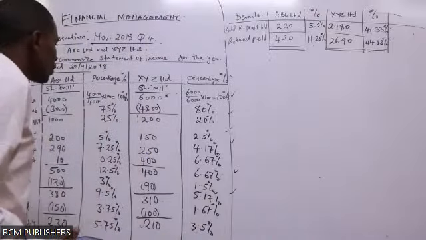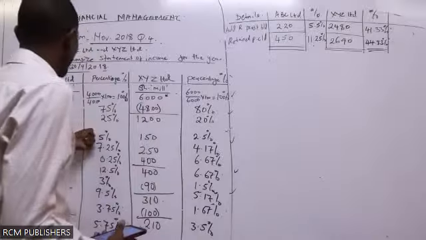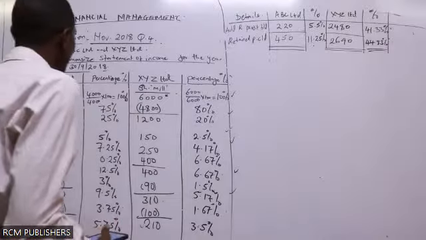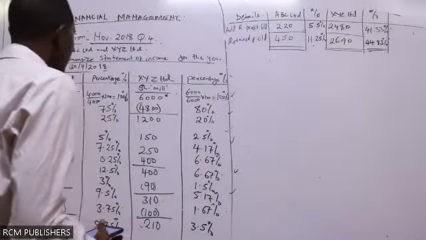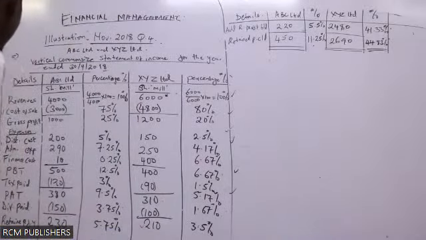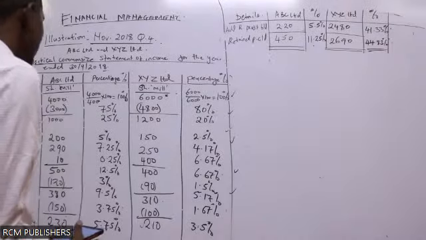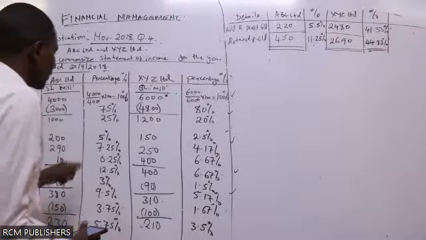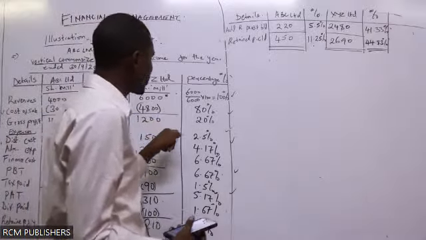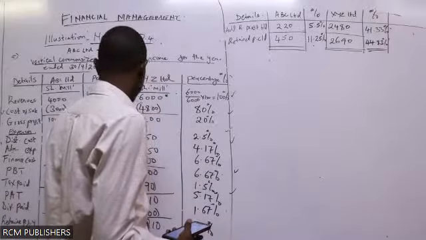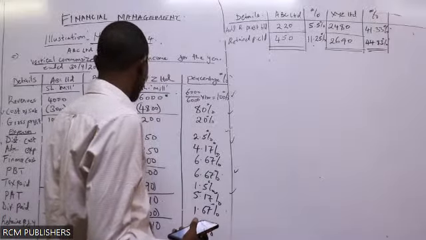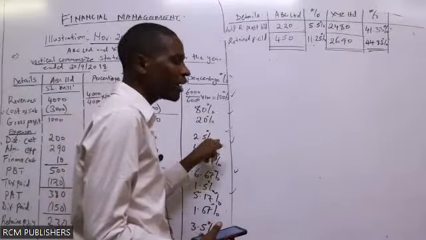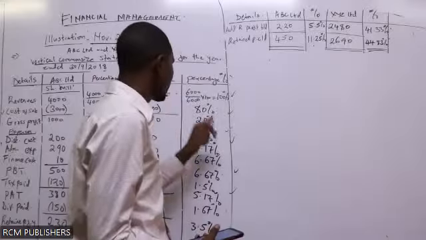So, what can you advise the management of ABC Limited? The first thing, when we compare their distribution cost with that of XYZ Limited, you see, this distribution cost is far much higher, of course twice the distribution cost of XYZ Limited.